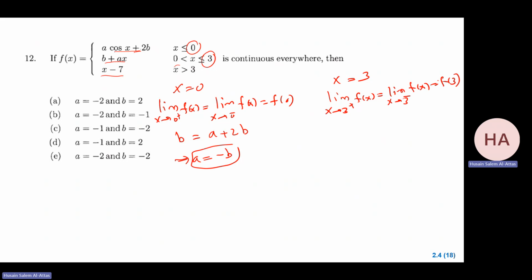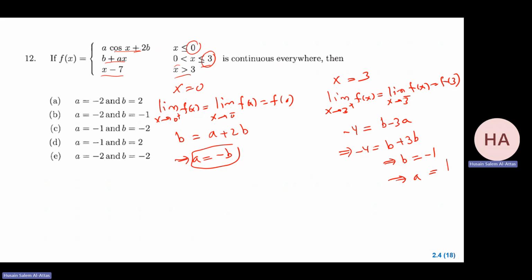f at 3, positive, I'm here, substitute 3 minus 7, that is minus 4. Negative, I am there. I have b minus 3a. Okay, I have a equals minus b. So I have minus 4 equals b plus 3b. Since a equals minus b, so b equals minus 1 and a equals 1.